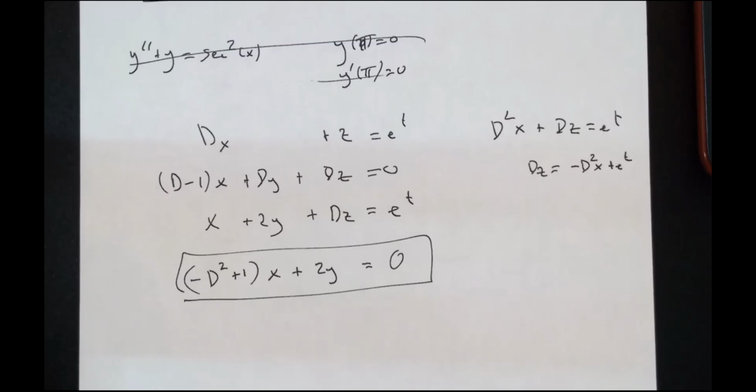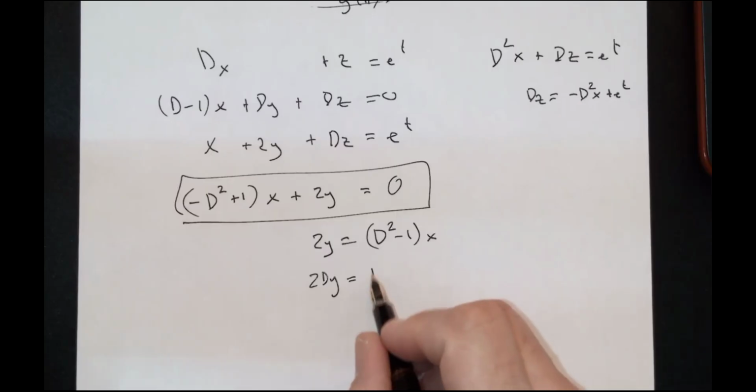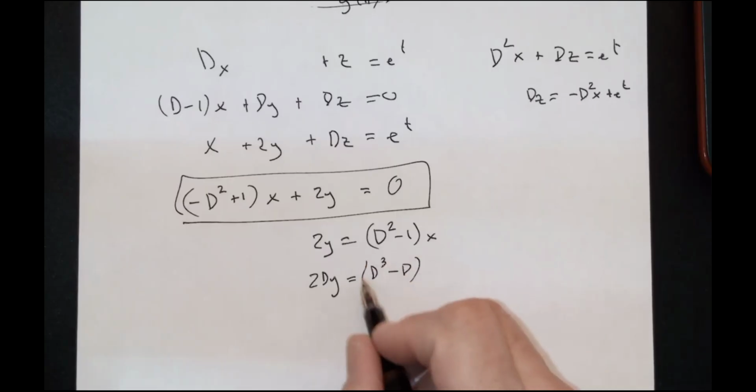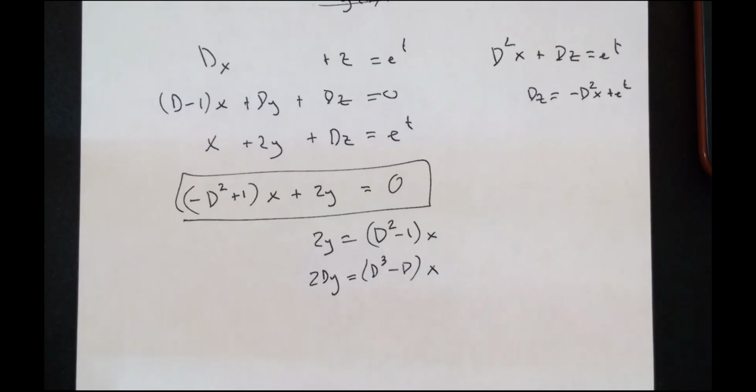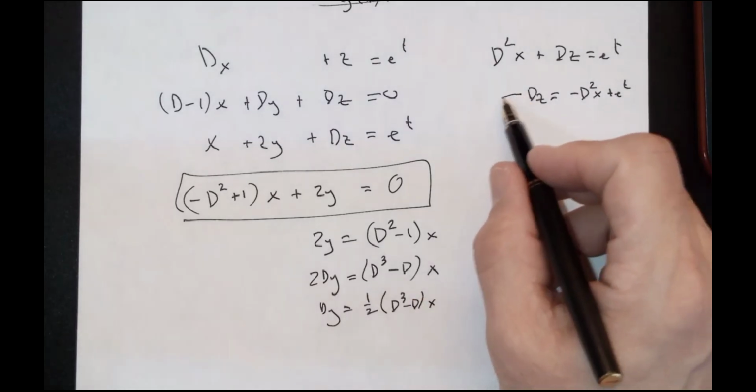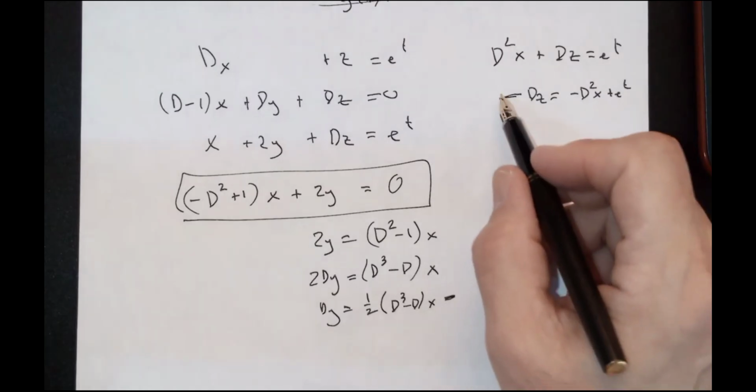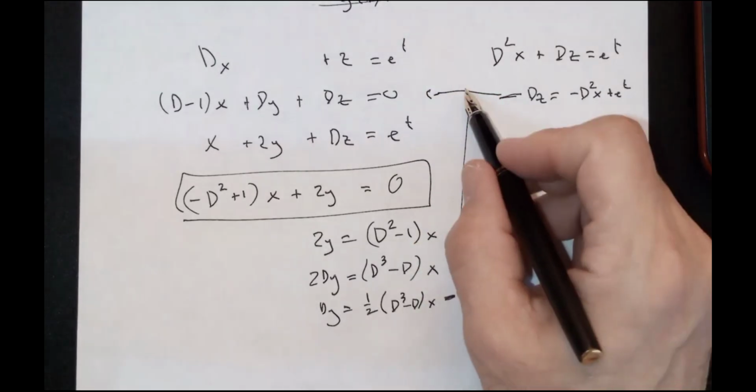So you get dy from this. Yep. Okay, so 2y equals d squared minus 1 x. So 2 dy equals d cubed minus dx. I'll put a 1/2 in front of that. And now this and this are both going to go in there.